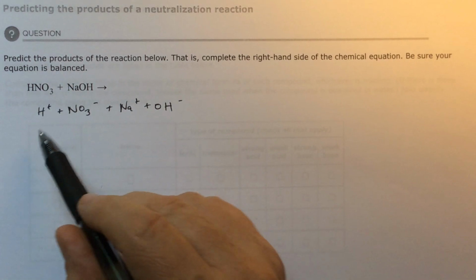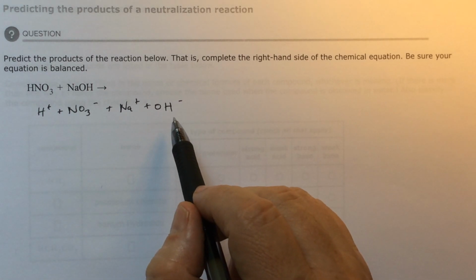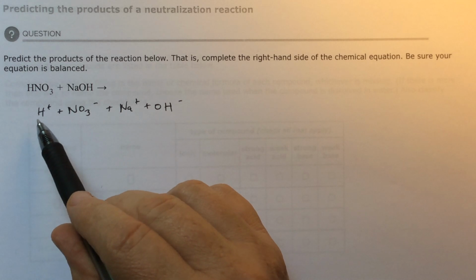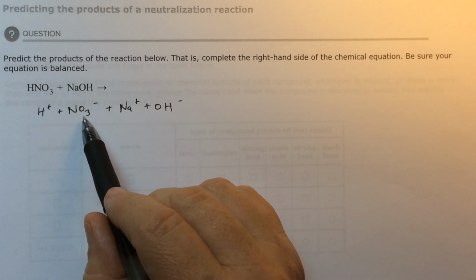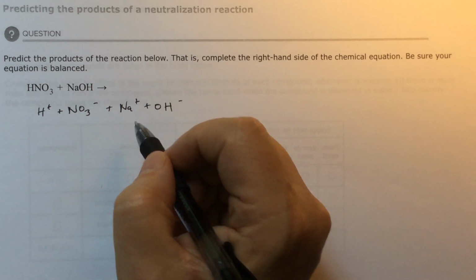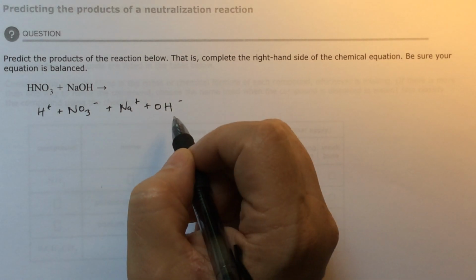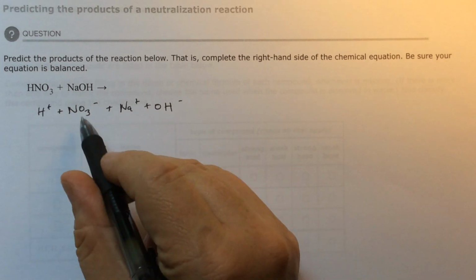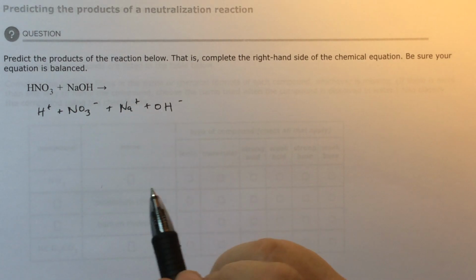Well, if you look at the ions that are in the water, because this is dissolved in water, these are aqueous. If the H and the NO3 come together, they'll just break apart again. If the sodium and the hydroxide come together, they'll just break apart again. So nothing will happen if they join together with what they broke apart as.